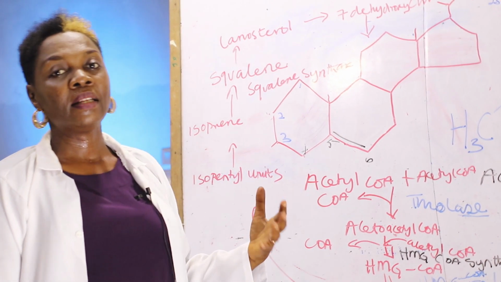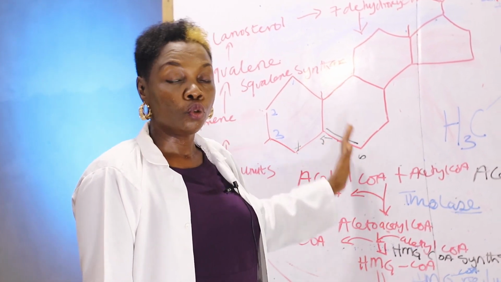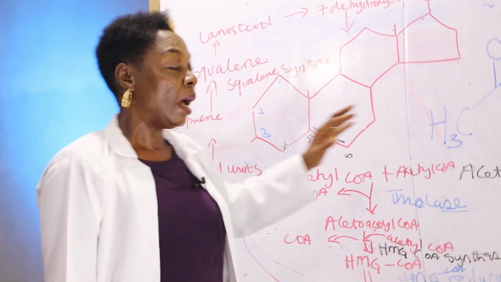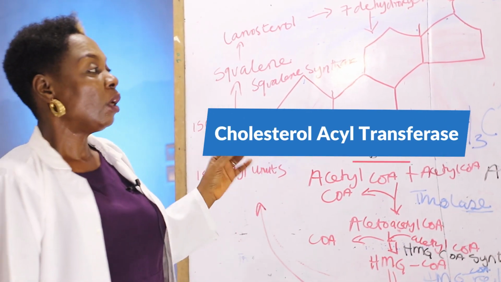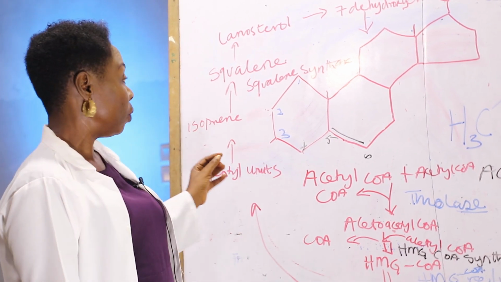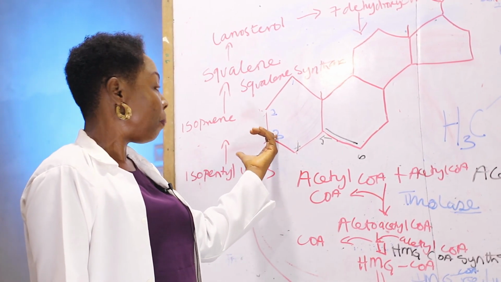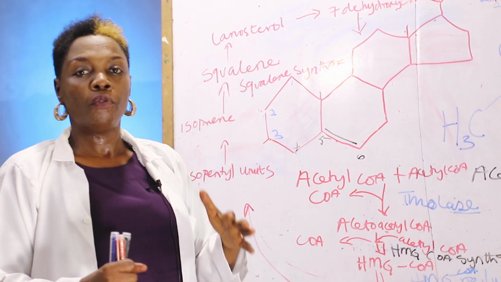There are certain enzymes responsible for the conversion of cholesterol to cholesterol ester, and that is cholesterol acyl transferase. What it does is transfer a fatty acid group to this part of cholesterol, where it is stored for further use.